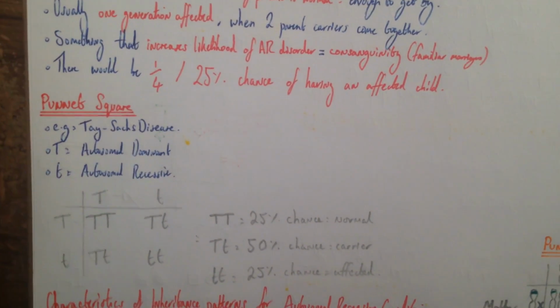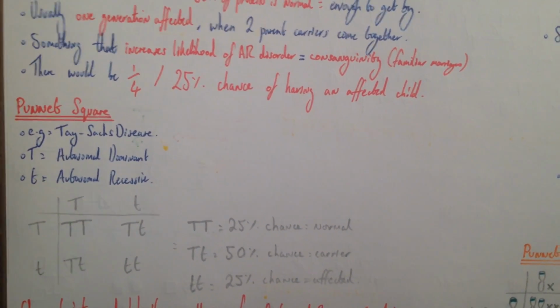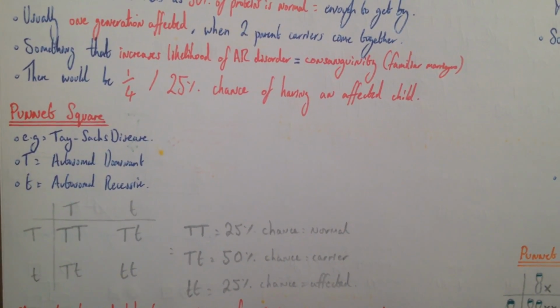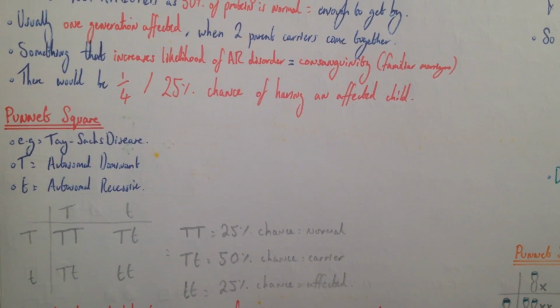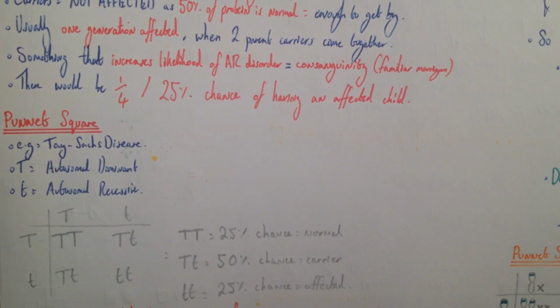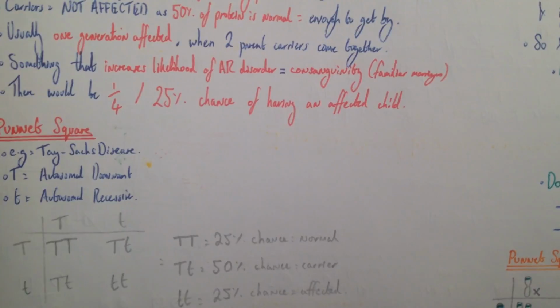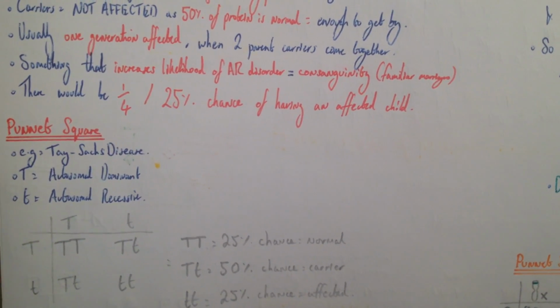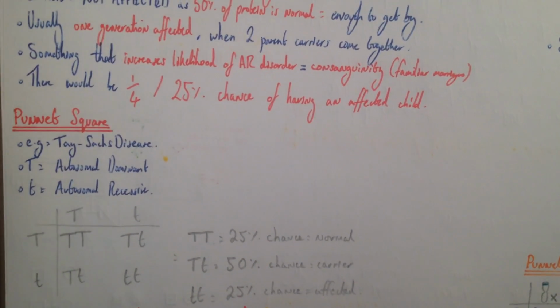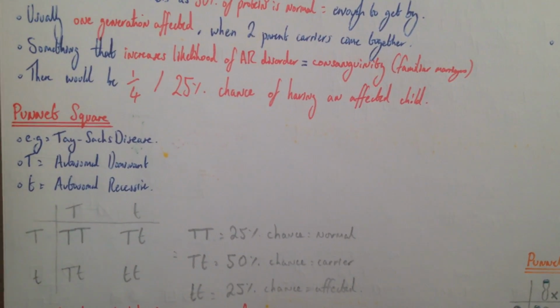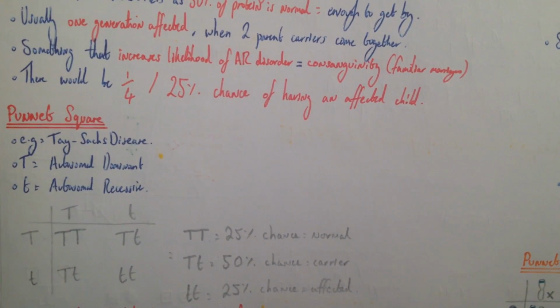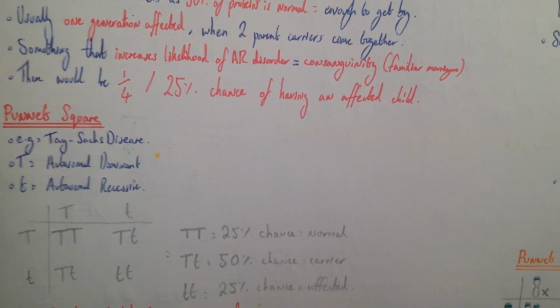You can only have an affected child if an affected is mating with an affected, an affected with a carrier, or a carrier with a carrier. The children will not get the disease if an affected or a carrier is mating with someone who's normal.